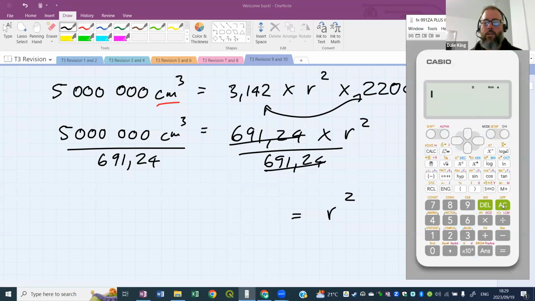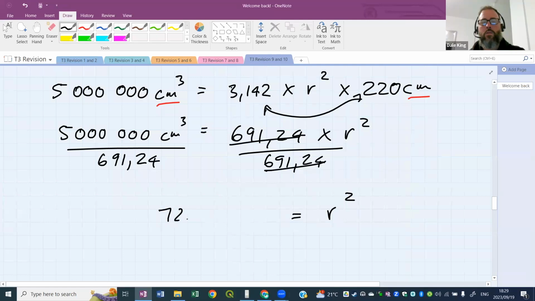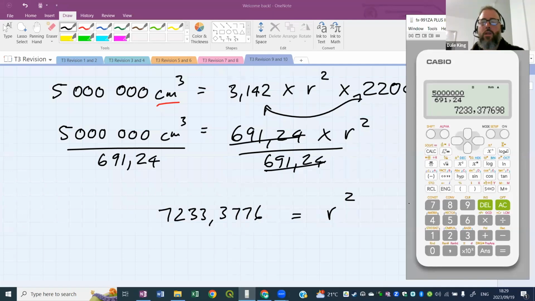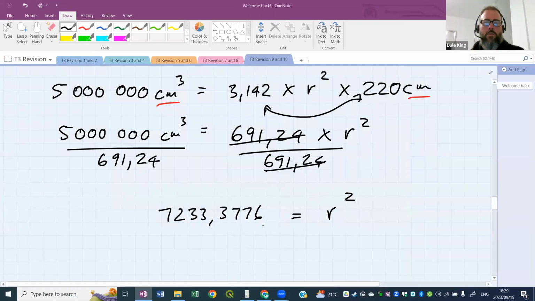So let's find out what that is. 5 million divided by 691,24 is 7233,377.6. I think I'm writing 4 decimals. You could write them all, but the 4 decimals should be enough for this.